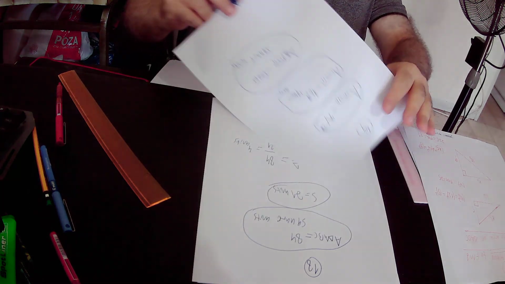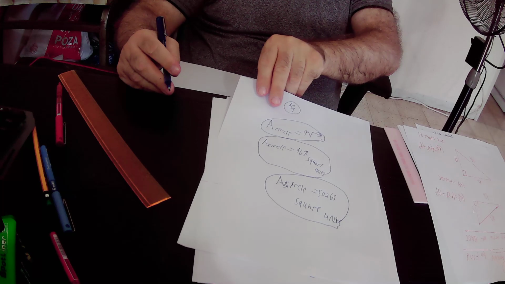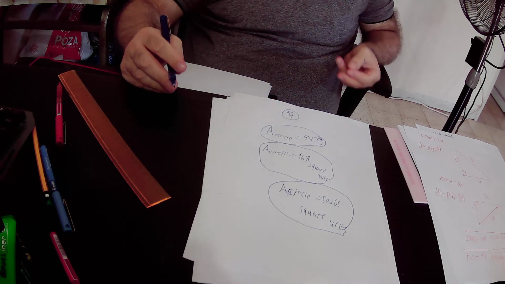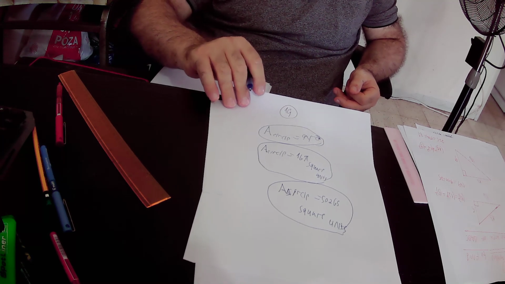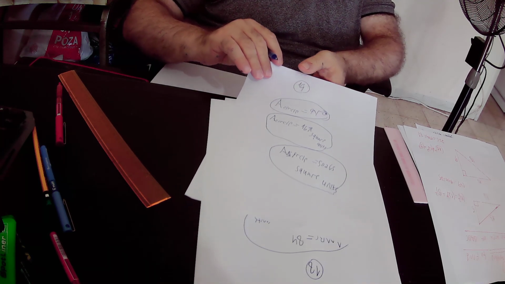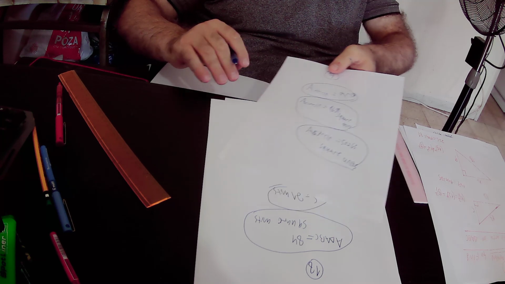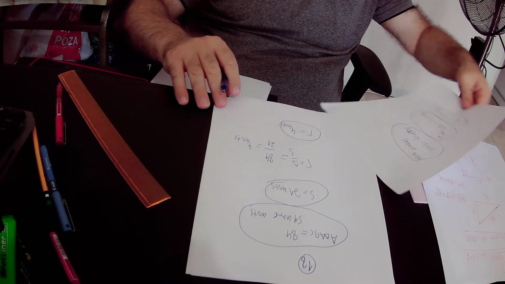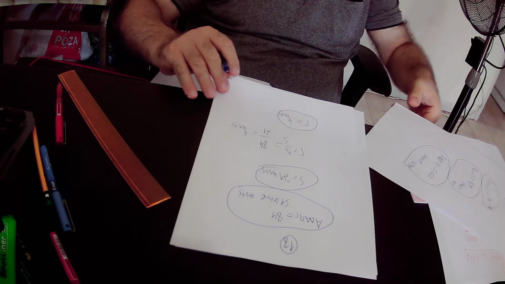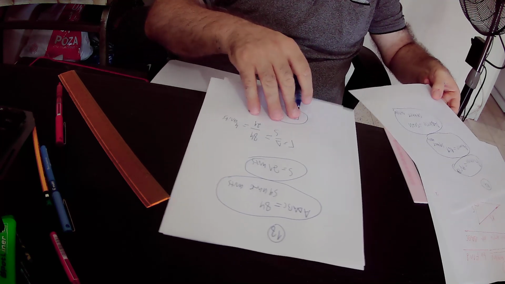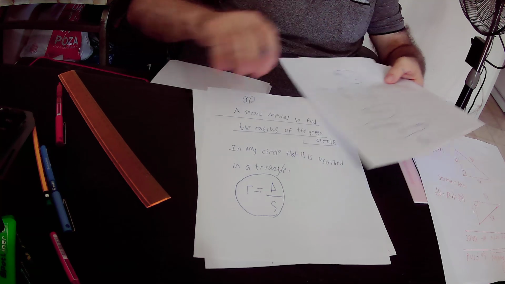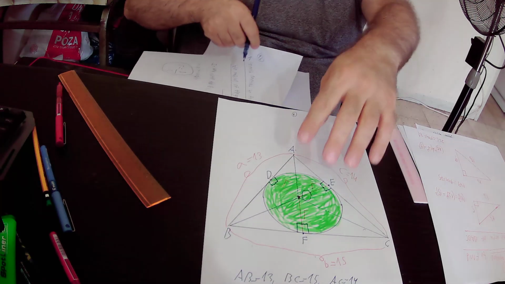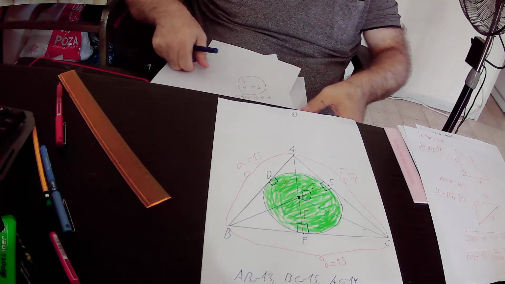Okay, so the area of the green circle equals either 16 pi square units, or in terms of numbers, 50.265 square units. So now I will summarize the lecture. Actually, we wanted to find the area of this green circle.